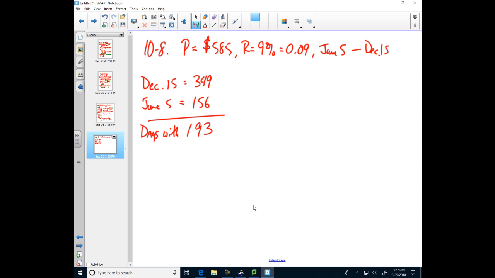And remember, the instructions say exact. So the interest equals P times R multiplied by the time. So we have 585 times 0.09 times 193 days over 365 days.